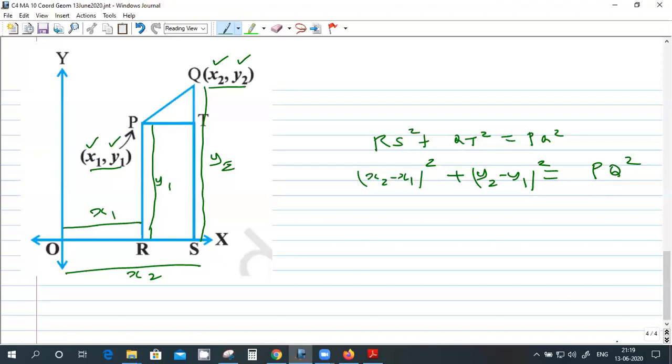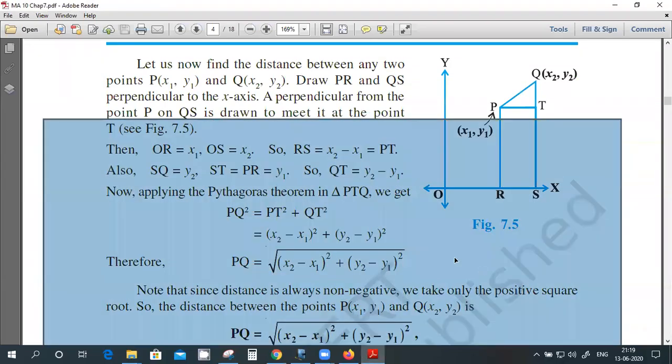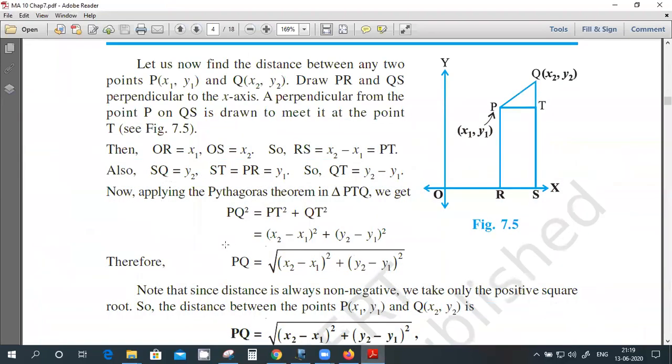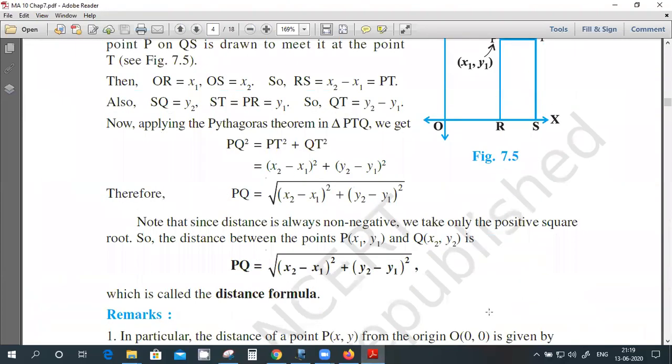I will take the square root. So this is the formula. Basically, Pythagoras theorem. This is called the distance formula.